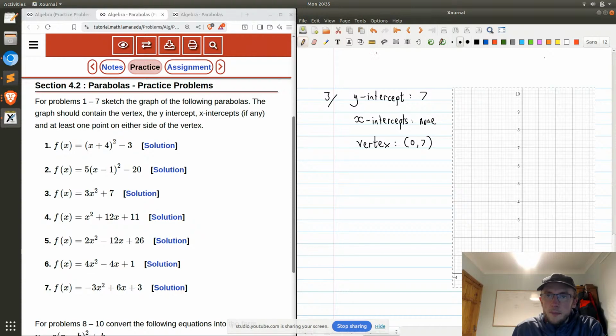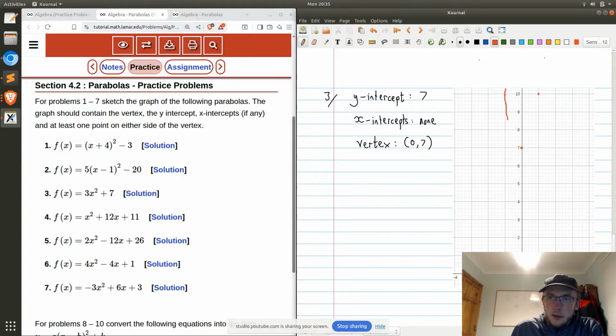Okay, so y-intercept is 7, as stated. Now, we have no other points, so we need to make some. In our minds, we can just pick up one and plug it in, and we get 10. It's symmetrical, so over here we'll get that 10 as well.